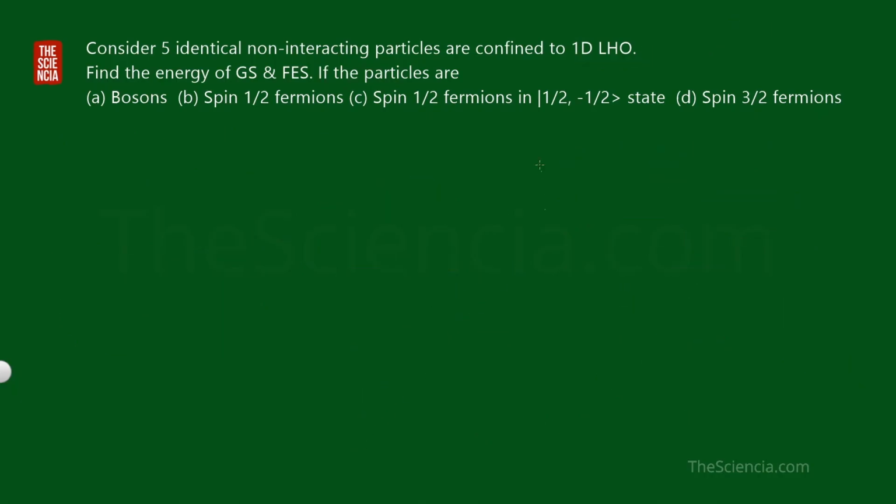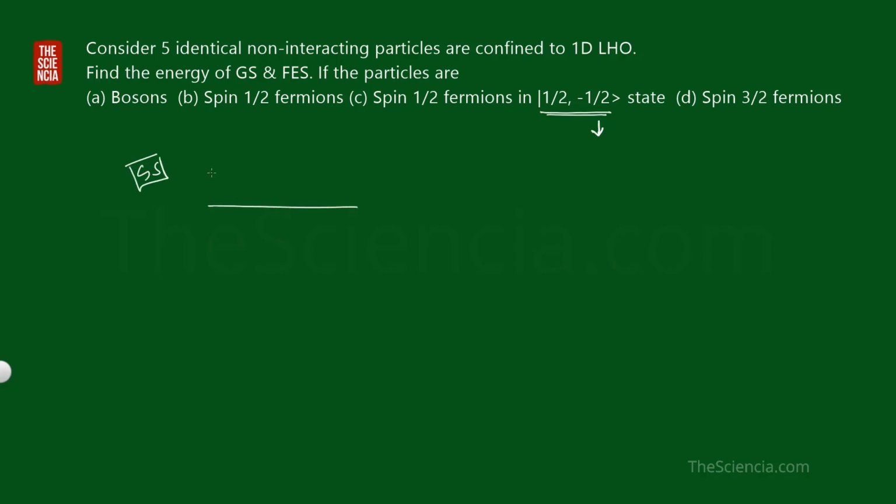Now let us consider the spin half fermions in the state half, minus half. That is, the spin orientation is down, right? That is, all the 5 spin half fermions are in the down spin state. Okay, so let us write the ground state.